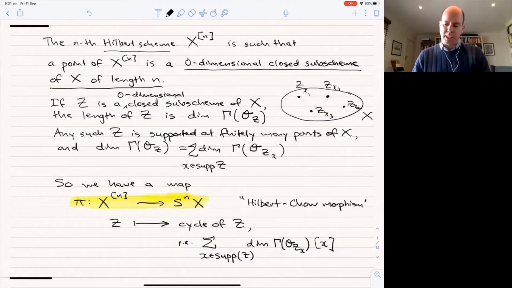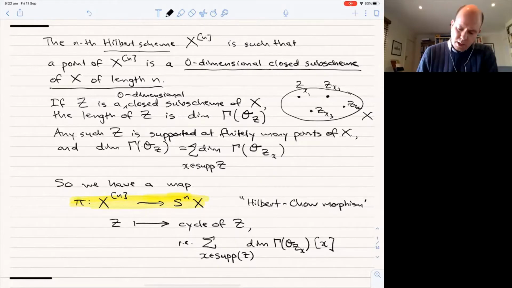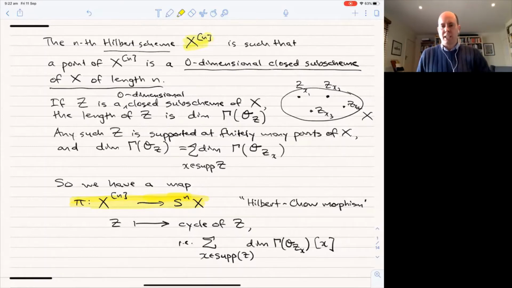So the main goal of today is to properly define the Hilbert scheme X^n in the special case where X is the affine plane. And that's already quite interesting and complicated enough. And then in later lectures, we'll see how to extend that definition to the case where X is an arbitrary surface. And we'll never in this course go into the definition of the scheme structure of the Hilbert scheme when X is an arbitrary variety.